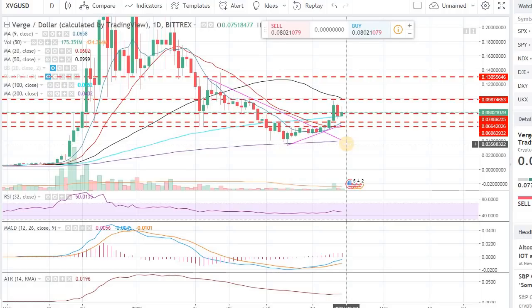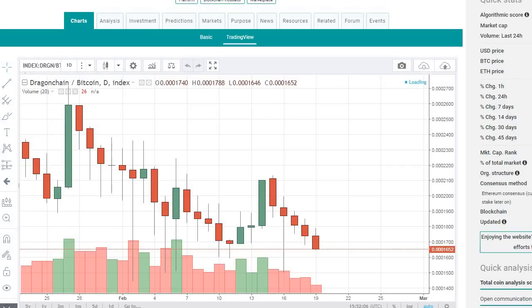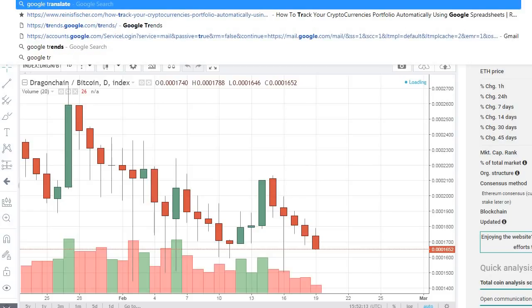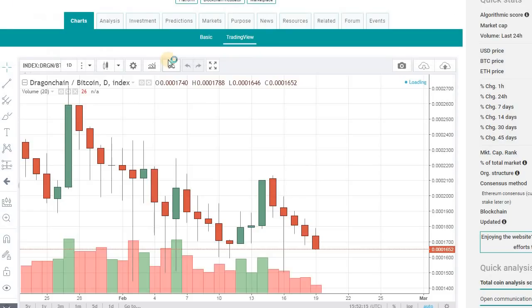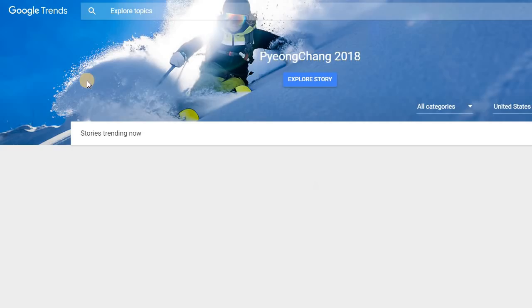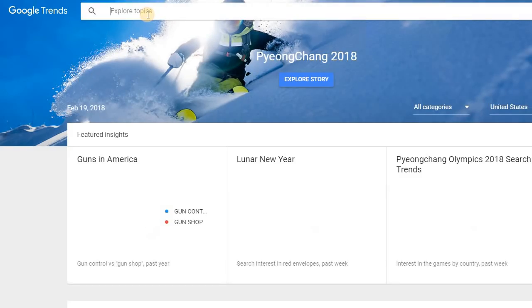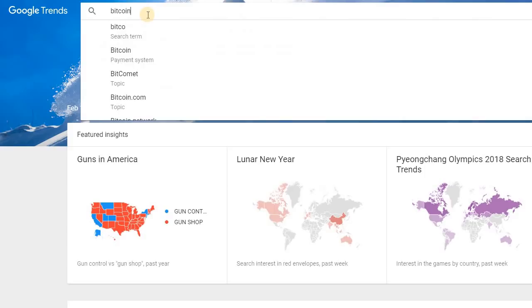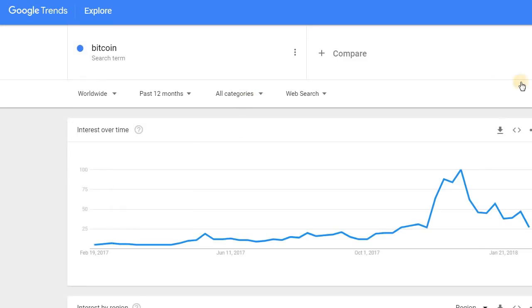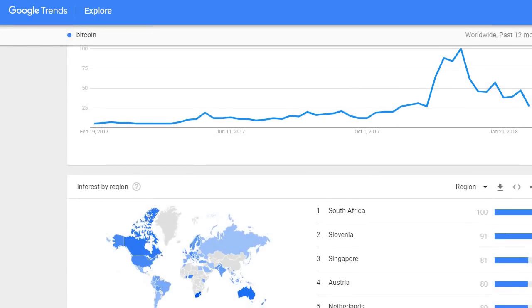Let me show you one thing. This might be something good: Google Trends. If you go to Google Trends and just type in Bitcoin, look at the country.